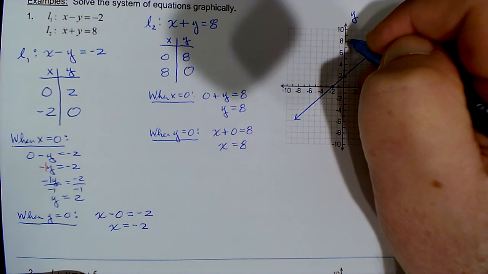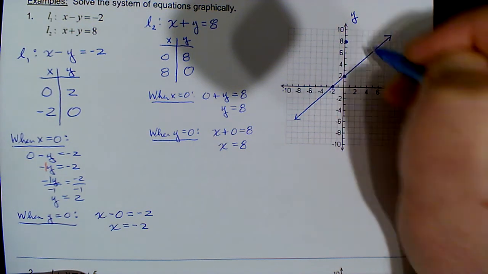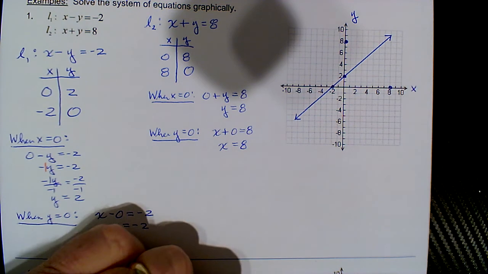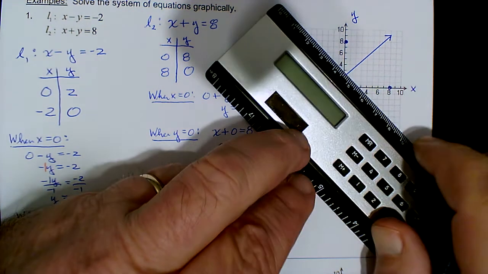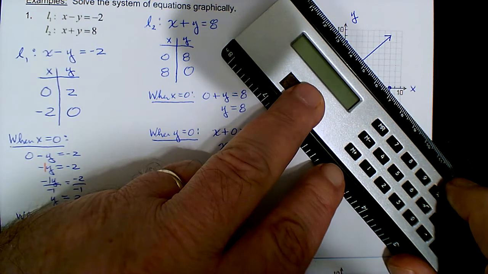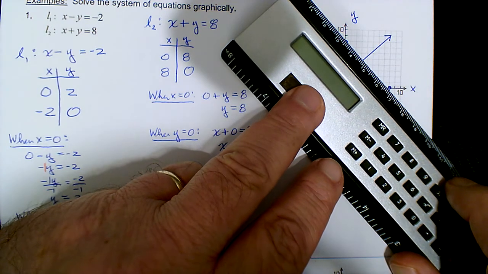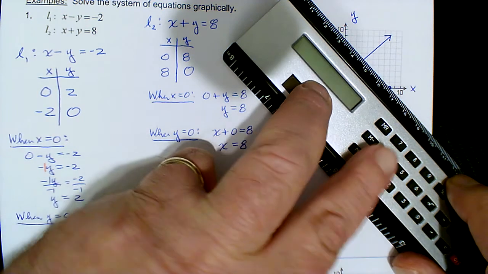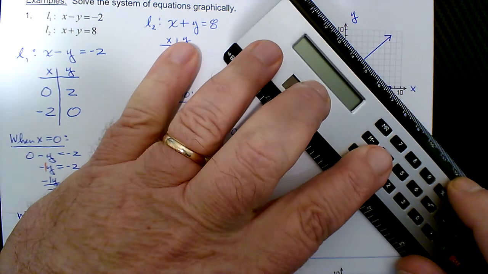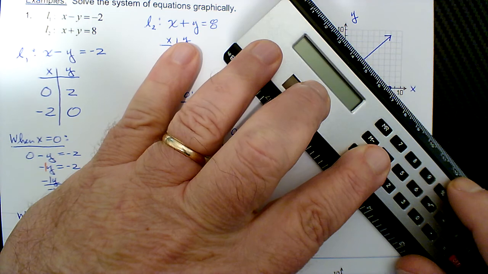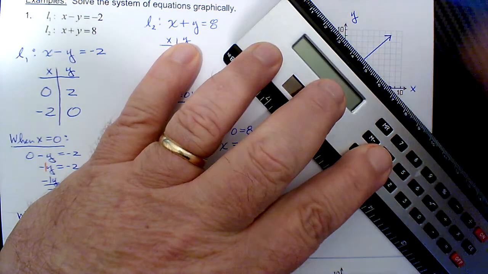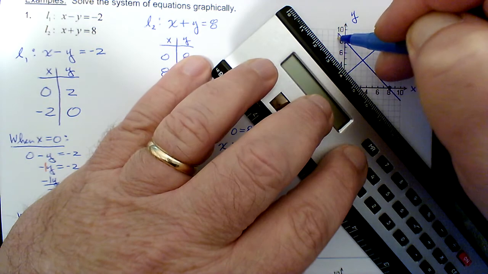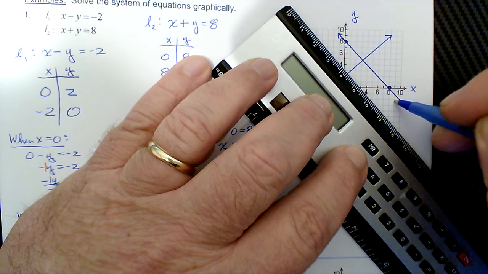So 0, 8 is right here, and 8, 0 right here. Okay, again, I want to be as accurate as I can in terms of lining these up. And let's see. That was a good sketch.